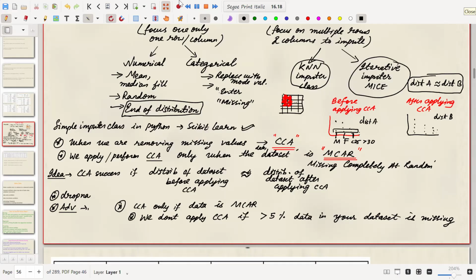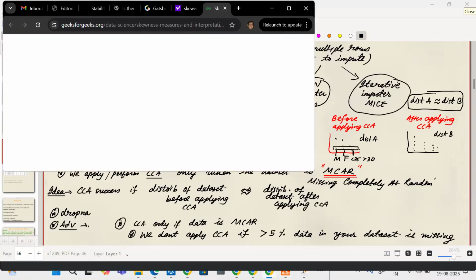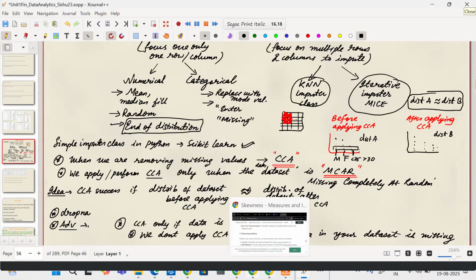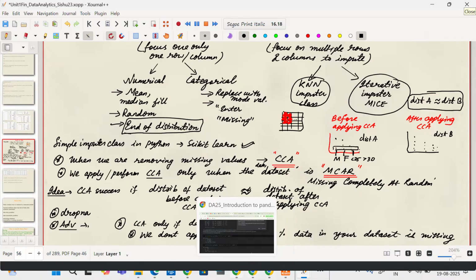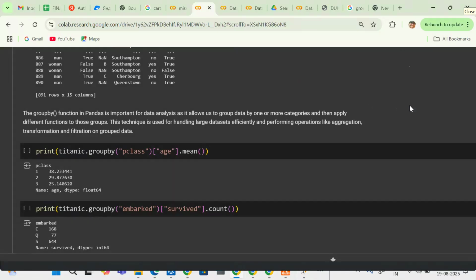Okay, fine. So we'll see. Maybe we can see that in Python. Where is it? This one? This one? I don't know. I will get an error.